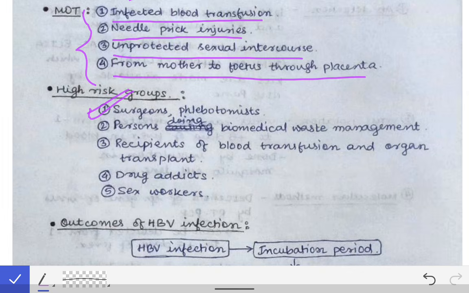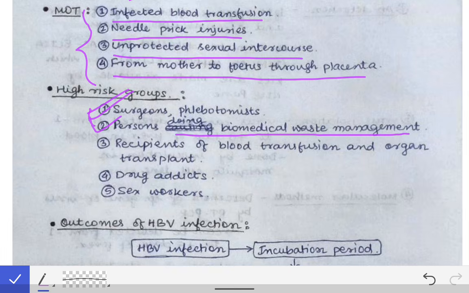The other high risk group is those persons who are doing biomedical waste management, because if biomedical waste like needles is not managed in the manner provided by the guidelines, there may be injury to the persons handling that waste, and that may lead to transmission of infection.